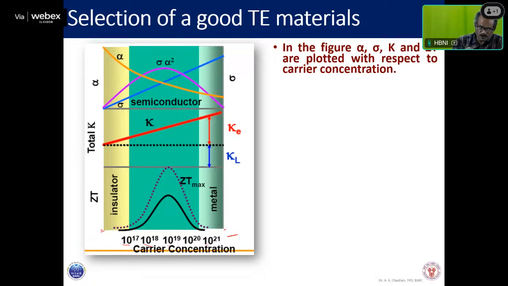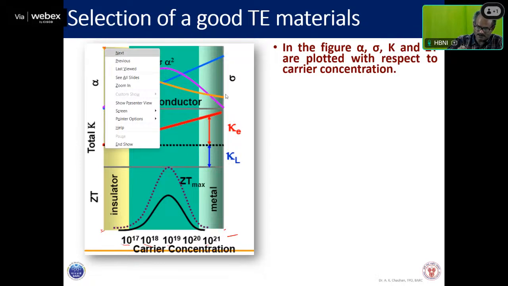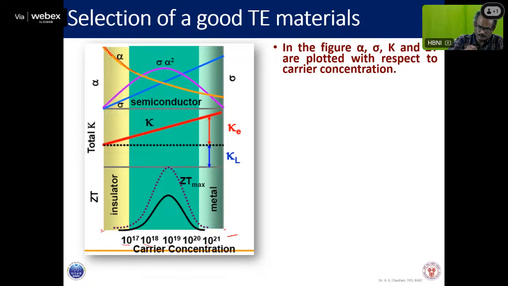If you see, as you increase the carrier concentration, the value of alpha falls like this. And the electrical conductivity, as you increase the number of carriers, increases linearly like this. It is directly proportional to the number of carriers.